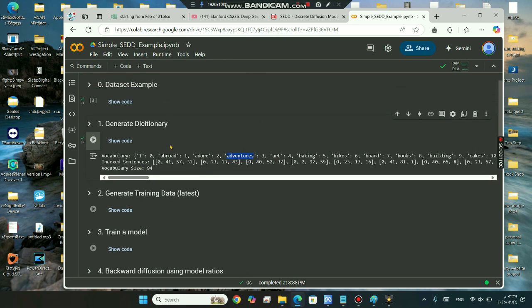So according to this dictionary we have created, we have indexed all those sentences in the data set. So we have this outcome over here. The first sentence is 0, 41, 57, 31. The second sentence is 0, 23, 13, 43, and so on and so forth. So in our vocabulary, we have 94 words.